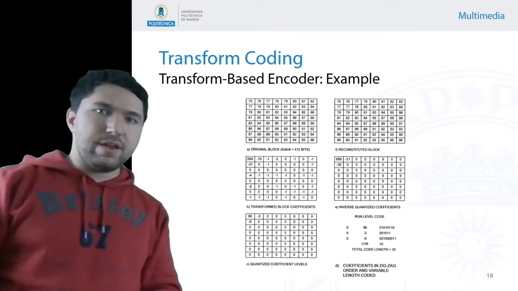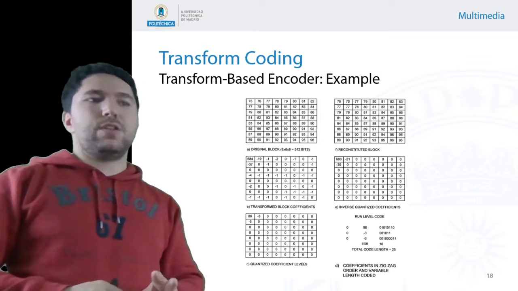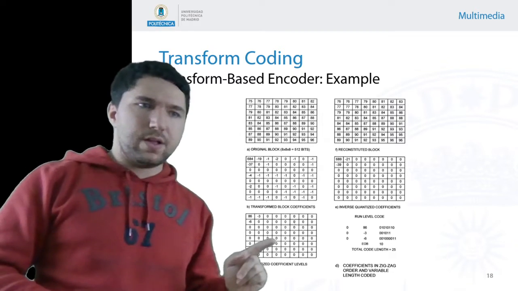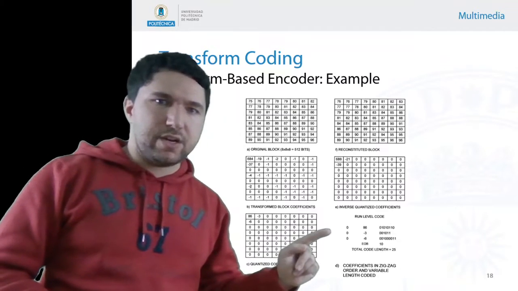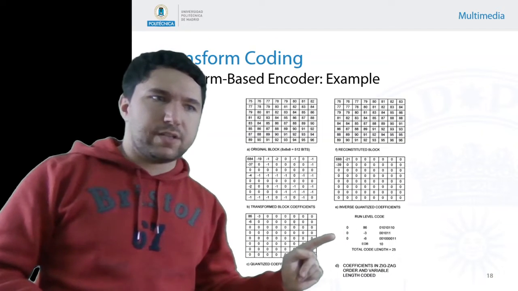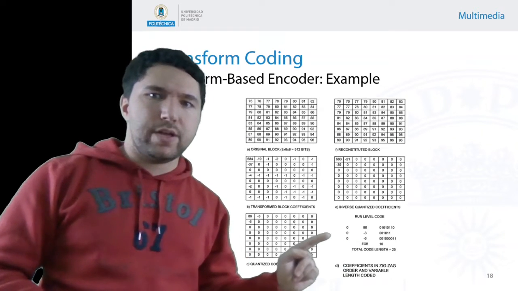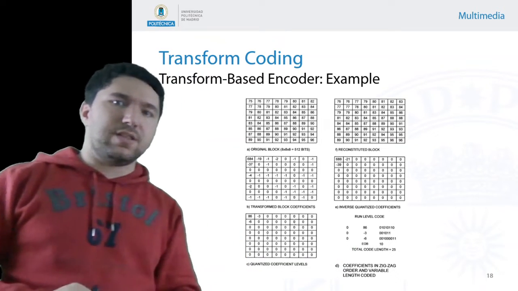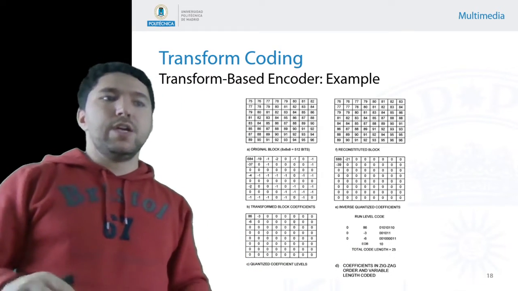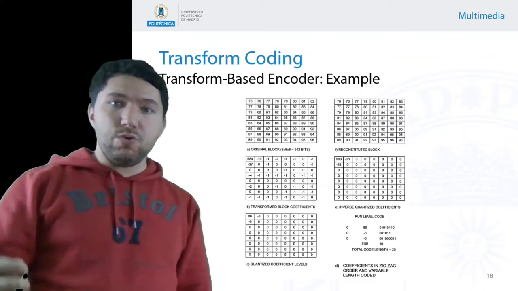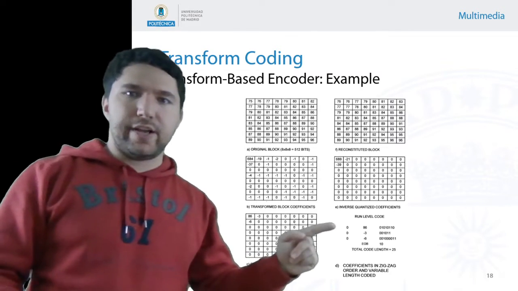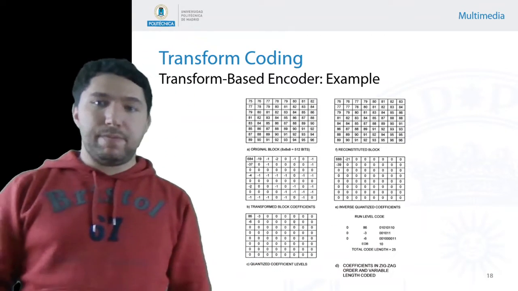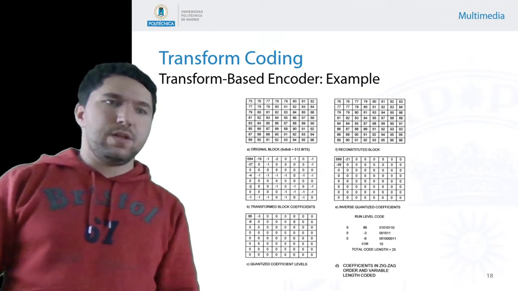So only 3 values to represent the 64 values that I had before. If I apply a run length encoder, I will get that I have 0 zeros before 86, 0 zeros before -3, and 0 zeros before -6, and then a code indicating that the block is finished. Okay, so if I apply an entropy encoder, a Huffman encoder, or something like that, I will get a transformation of these numbers as a binary bit stream, and that's it.